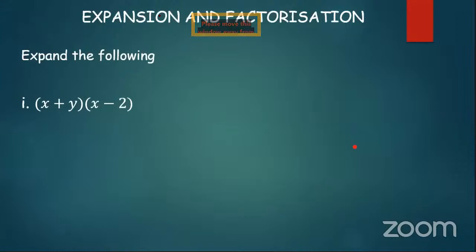By show of hand. We first collect like terms. x plus x plus y minus 2 equals 2x plus y minus 2. That's the answer.